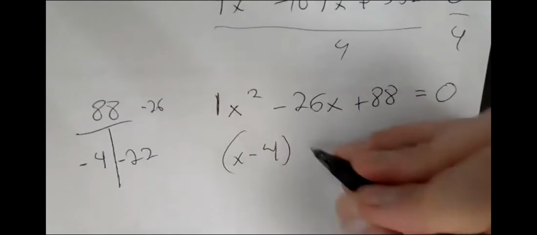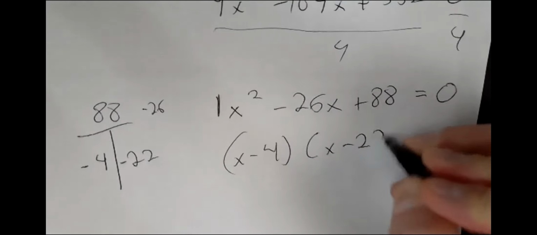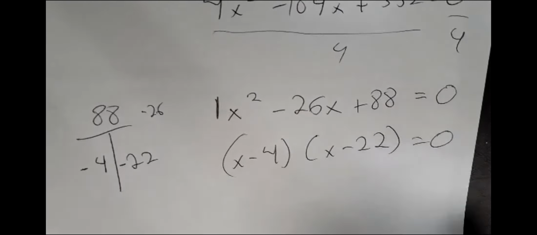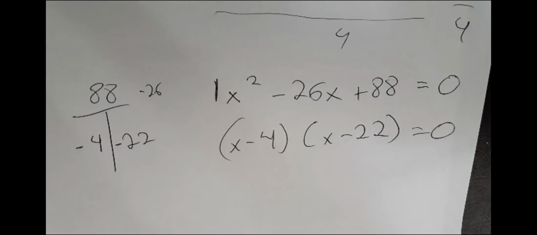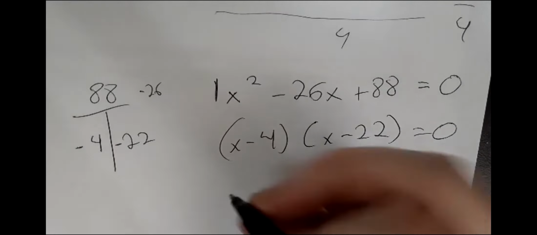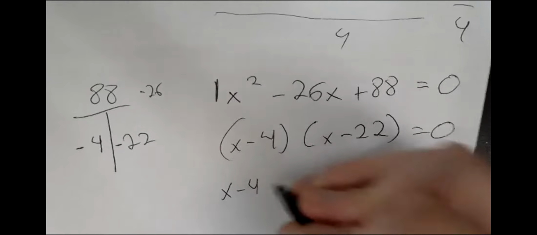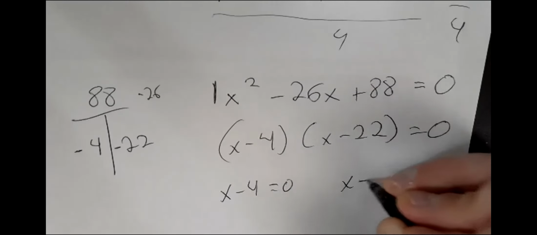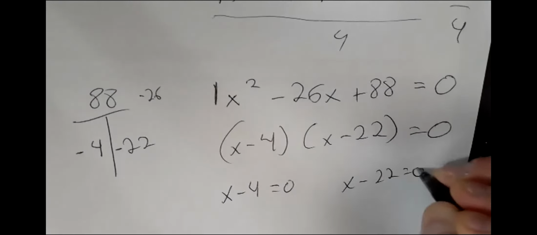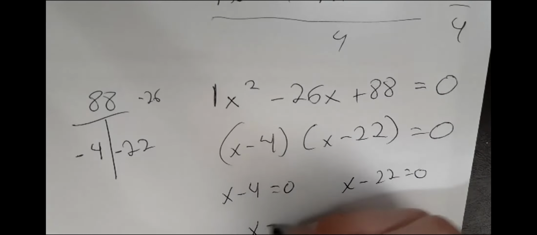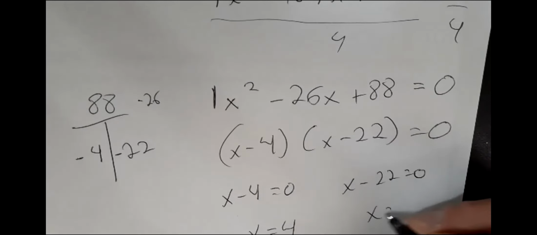Instead of breaking that middle term apart, I can just jump to these factors. And then I'm still solving x minus 4 is equal to 0 or x minus 22 is equal to 0. So I'm getting x equals 4 or x equals 22.